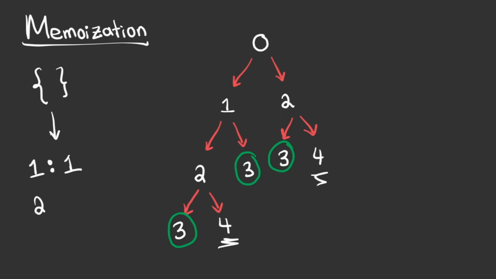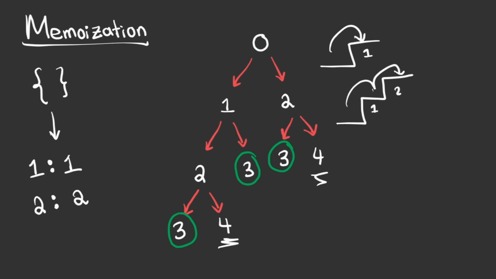Also, we know that 2 evaluates to 2 as this is another base case. Remember that when we have one step, there's only one way to get to that step. And if we have 2 steps, then there are 2 ways to get to that step.